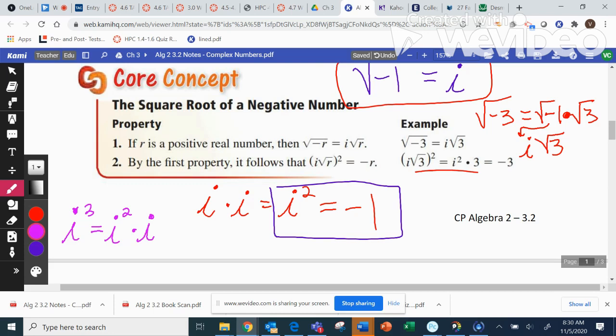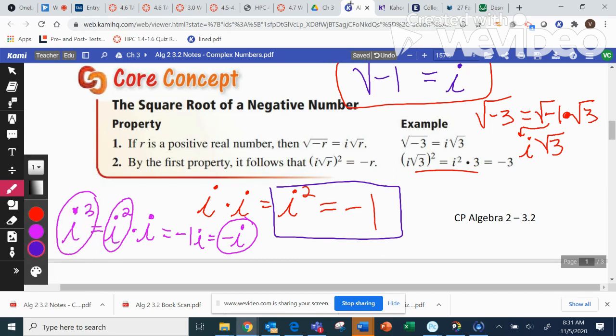Eyes up. What's i squared, guys? -1. And then you just bring the i over. So -i is what i to the third power is.